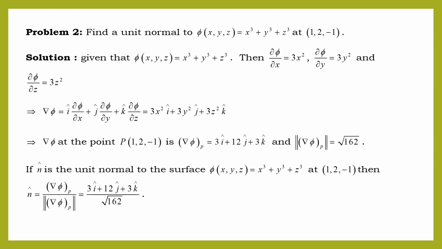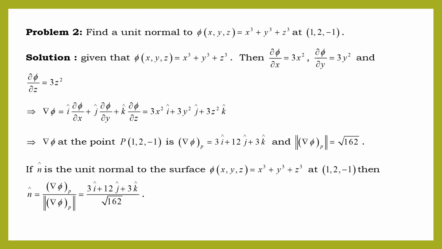If we substitute the x, y and z values, we get del phi equals 3i cap plus 12j cap plus 3k cap. This is the value of the gradient of the given surface at the given point. This is also called a normal to the surface at the given point.